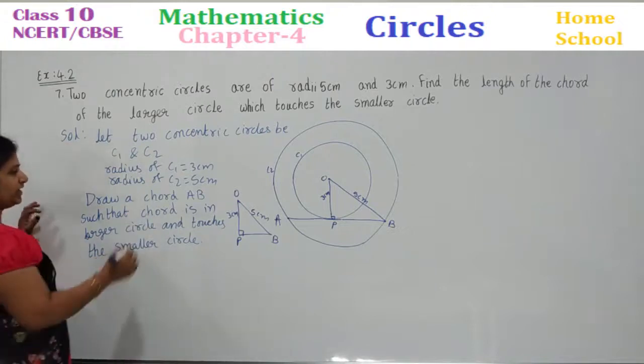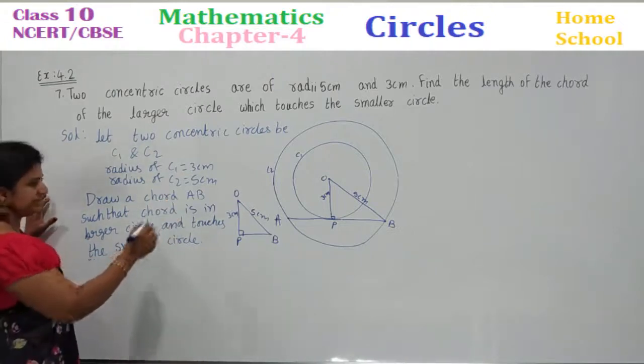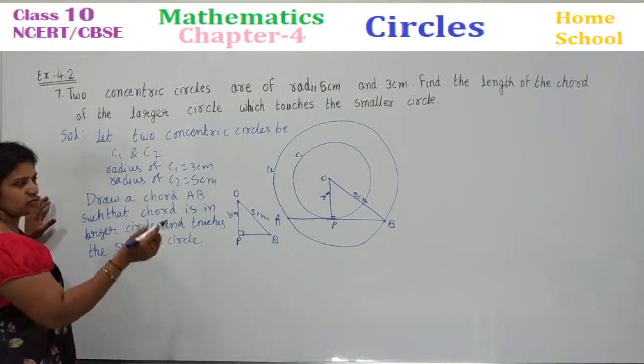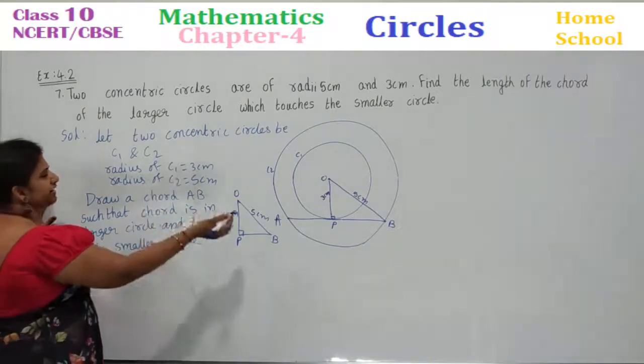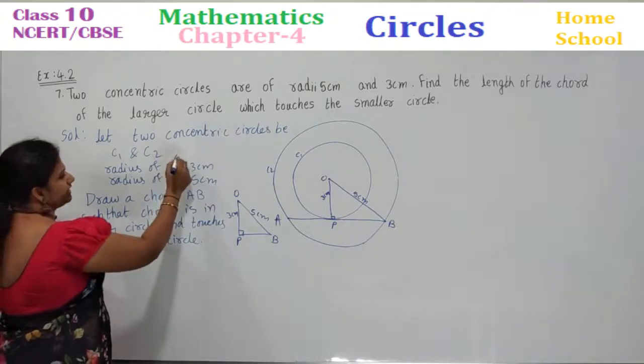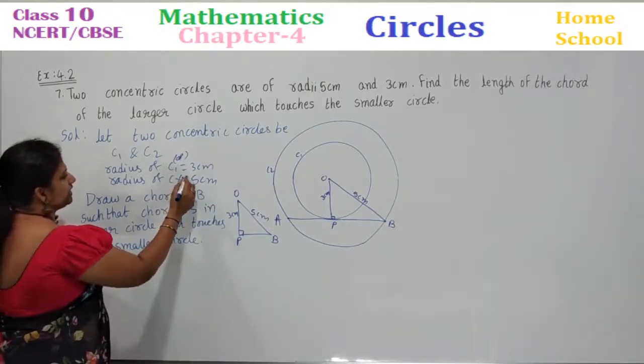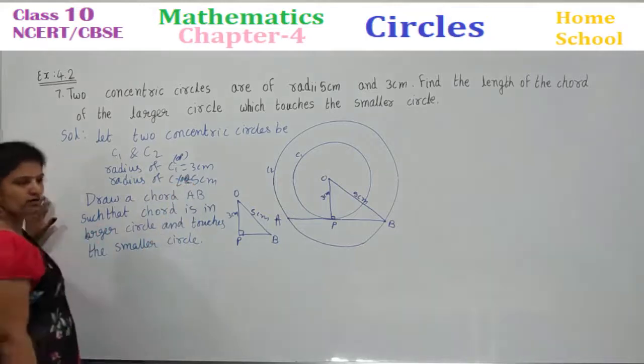Now, we know that O is the center, AB is the chord we have drawn. Now, we know the radius OP is equal to 3 centimeters. If you want the radius of C1, I may write it as OP. Radius of the big circle C2, I may write it as OB. Right?